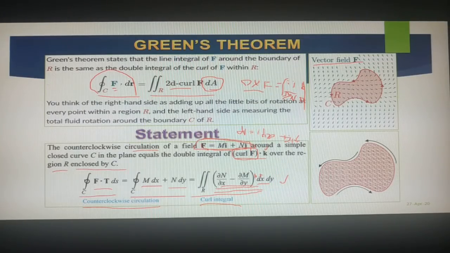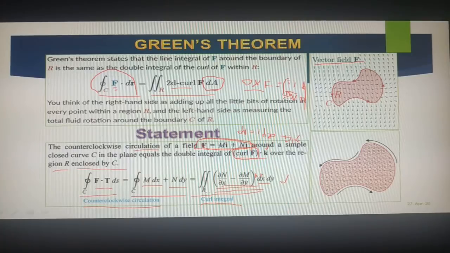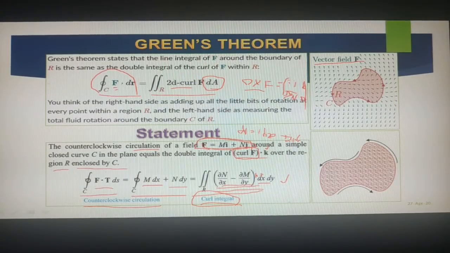If I find the integral over C of M dx plus N dy, it will be equivalent to the double integration inside, applying the curl at each point. Curling is very important. At each point that curl will change.